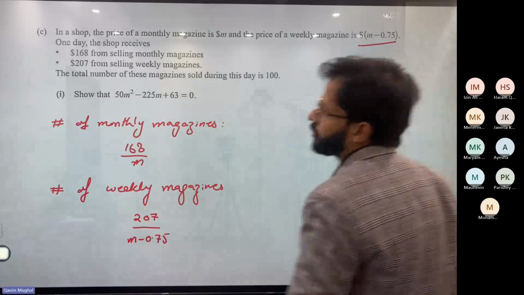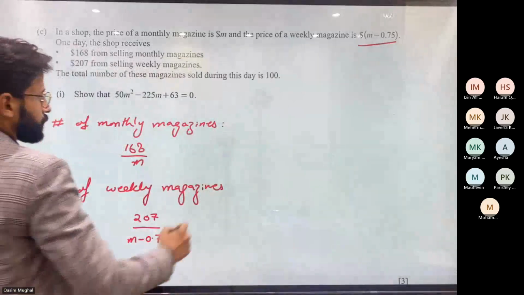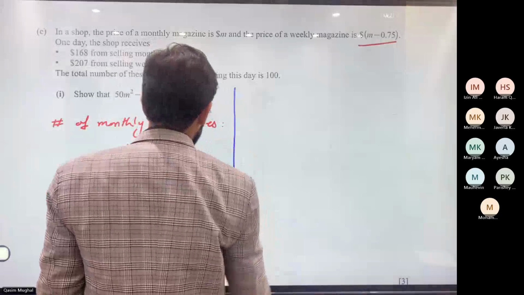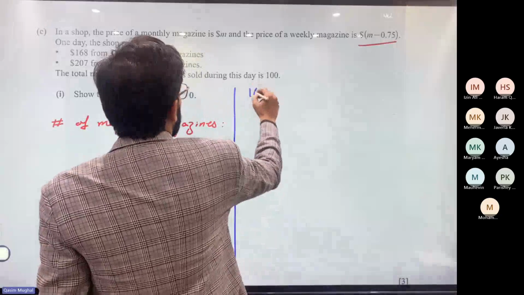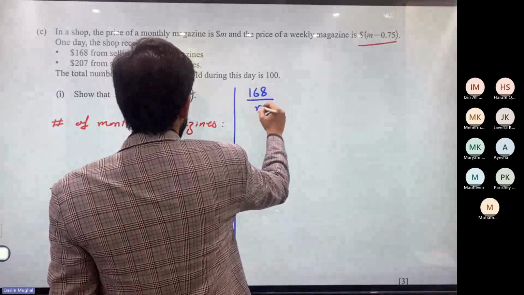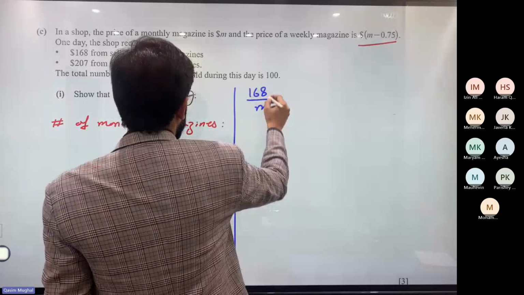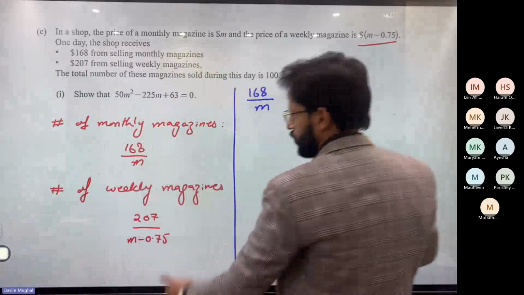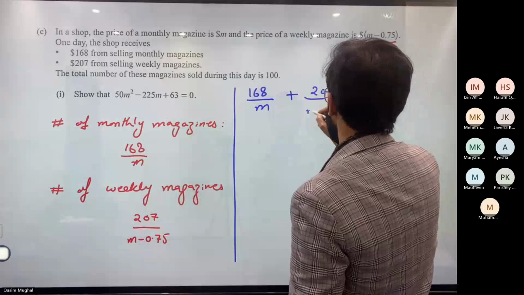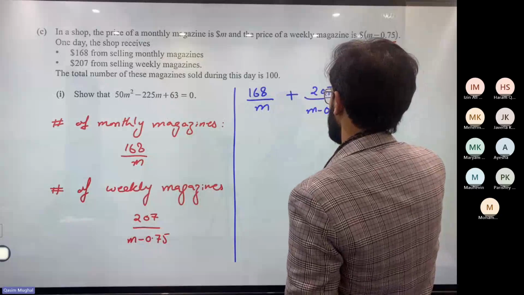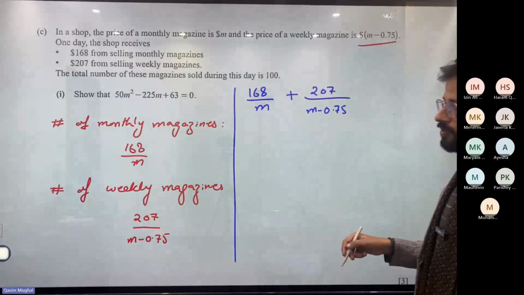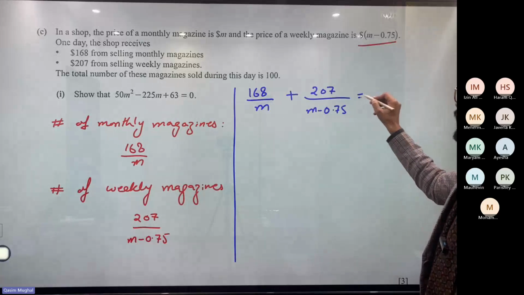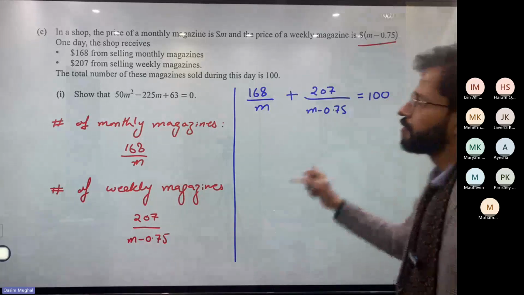चलें अब इसको कैलकुलेट करते हैं. So this is what you're supposed to do. 168 over M, number of monthly magazines, plus 207 over M minus 0.75. These are the numbers of weekly magazines, and this should be equals to 100.